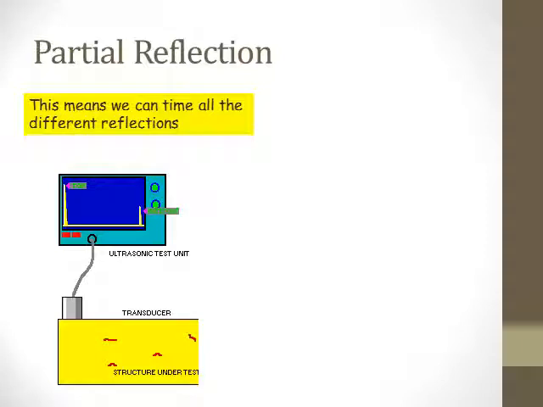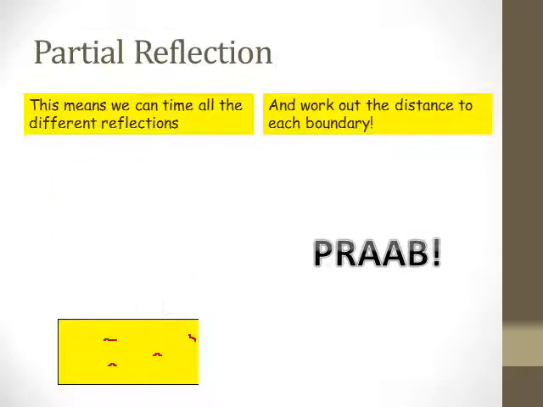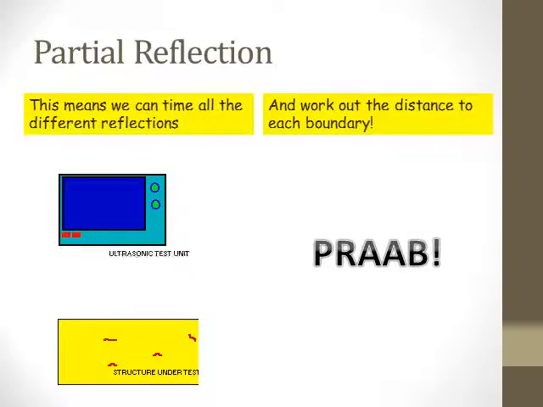If we time the reflections of ultrasound waves passing through objects, then we can work out the distance to each boundary. Our speed, distance, time sum always gives us that answer, but we must divide the distance by 2. Partial reflection at a boundary, or PRAB. Each boundary will give us a reflection.